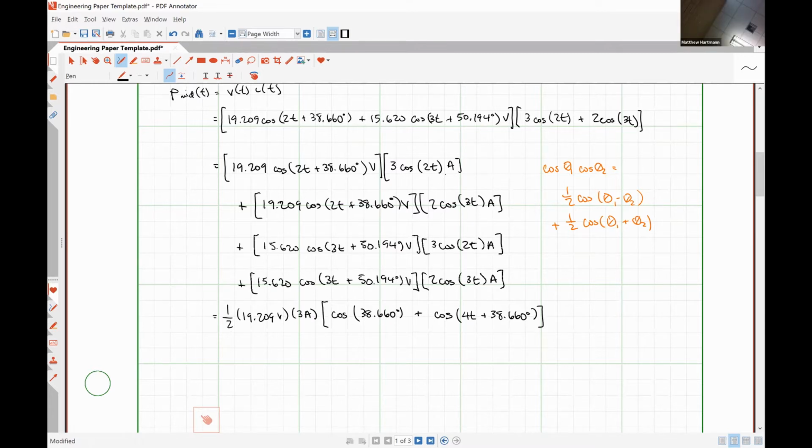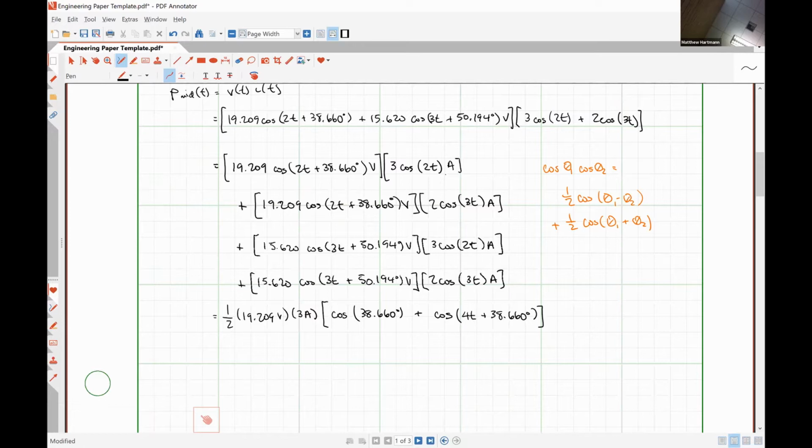Our circuit contained 2 frequencies, 2 radians per second and 3 radians per second, and so far, based on 1/4 of our calculations, our power already has two frequencies, 0 radians per second and 4 radians per second. So our power is going to have some weird looking terms that aren't going to match the frequencies that we would necessarily expect based on the excitation frequencies of our circuit.